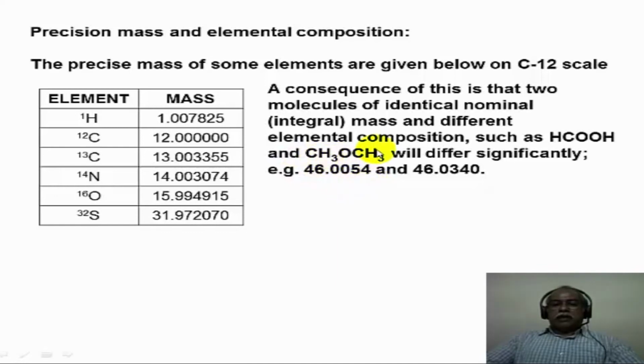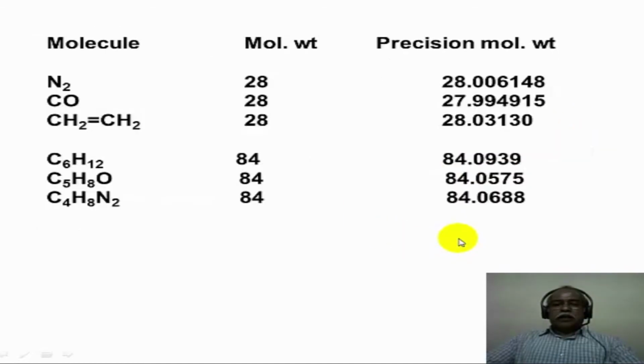And if you do the same thing for dimethyl ether, the number that one gets is 46.0340. Although the molecular weights are the same, which is 46 in unit resolution, if you go for a high resolution mass spectrum, the fractional weights essentially differentiate these two molecules in terms of their molecular composition.